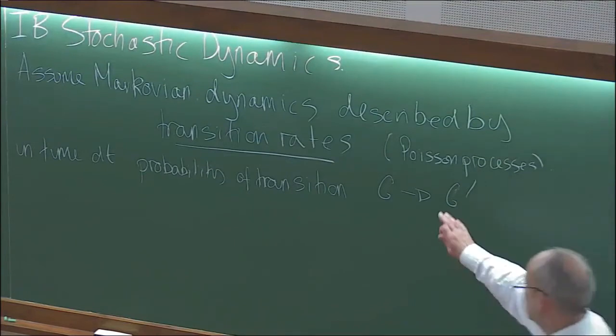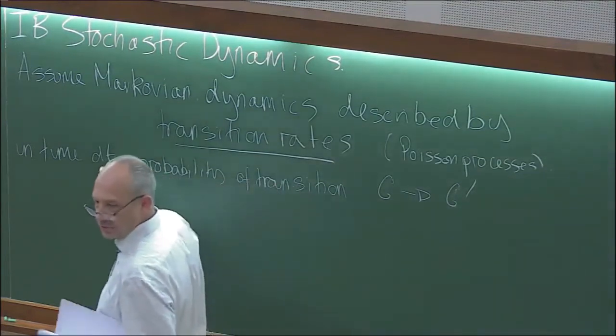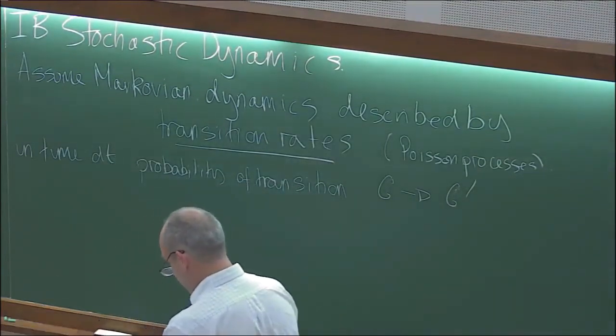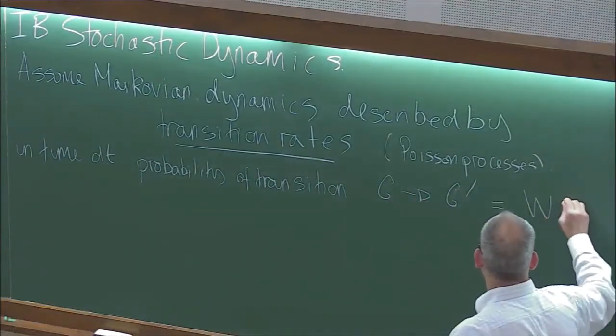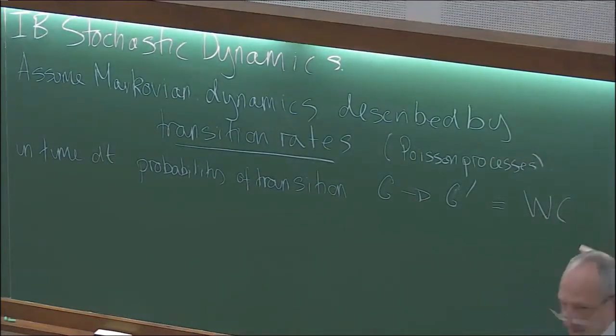So we're going from C to C prime in some small time interval dt. It's equal to W. And the way I write it, you have to watch out for the convention. I'm going from C to C prime, and the reason, as you'll see, is that I want to eventually write this W as a matrix. So I'm going from C to C prime, and there's a dt there.